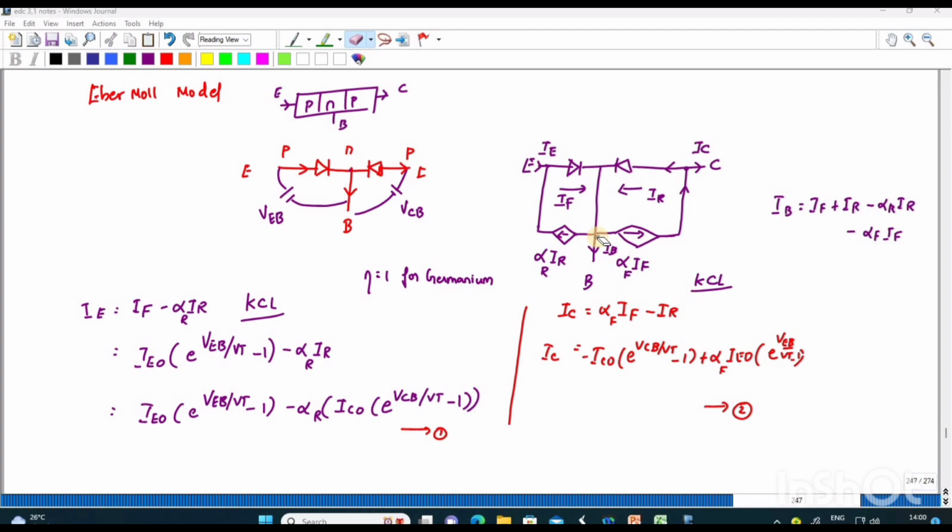In a similar way I can write IB. IB is outgoing current, and you can see IF and IR are incoming current. So I can write IB is equal to IF plus IR minus alpha R IR minus alpha F IF.